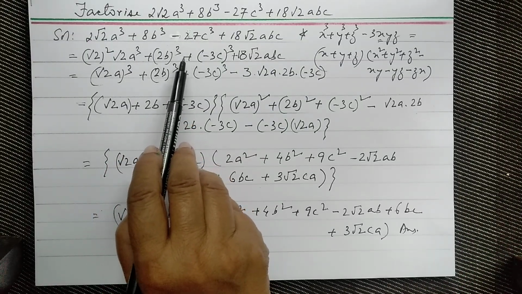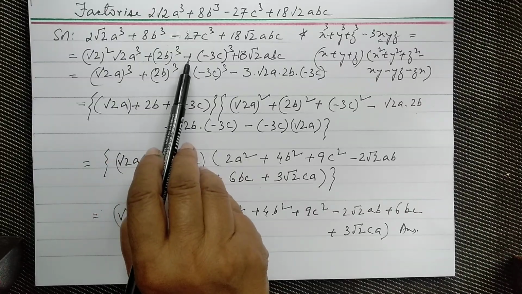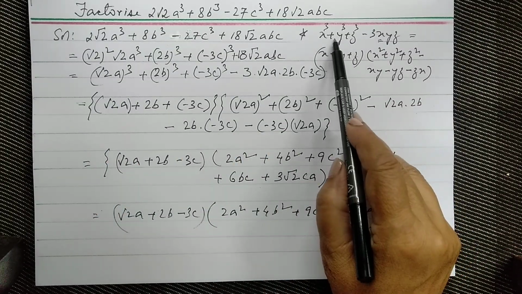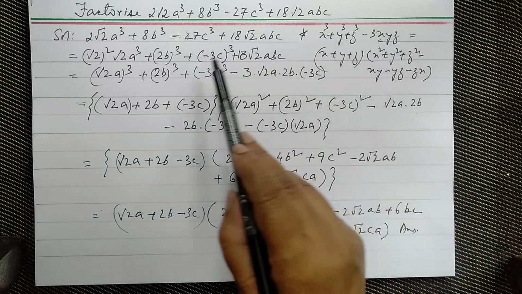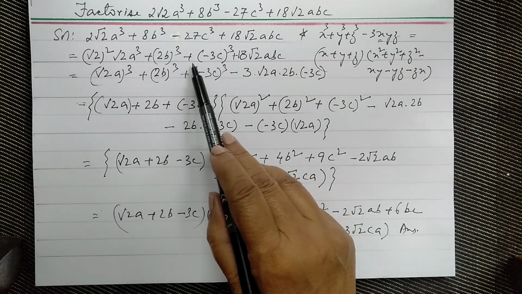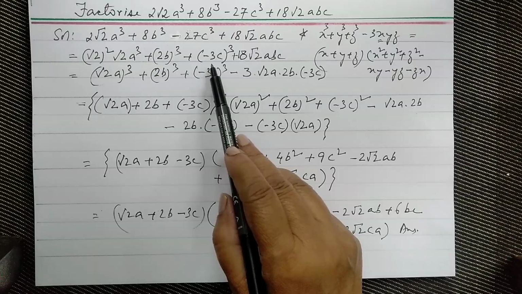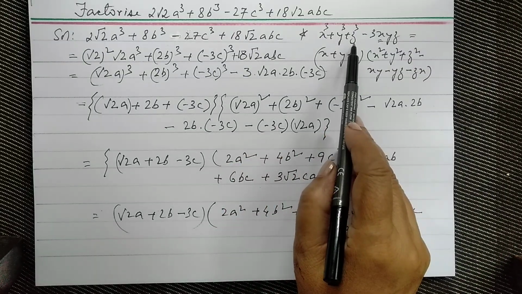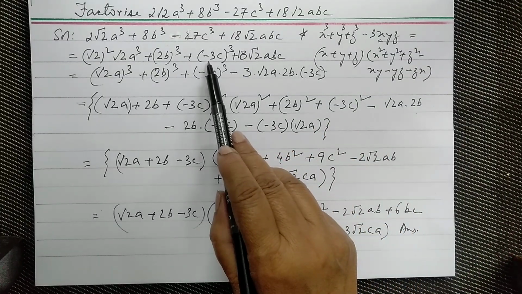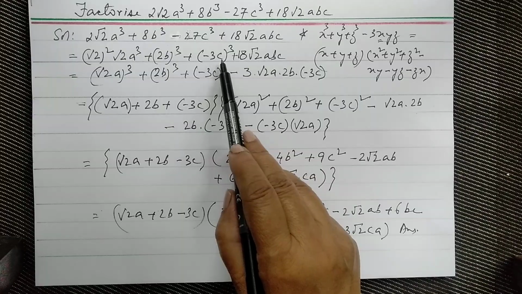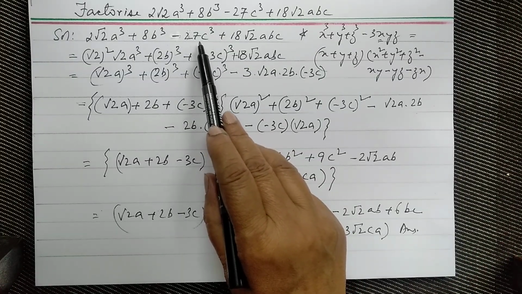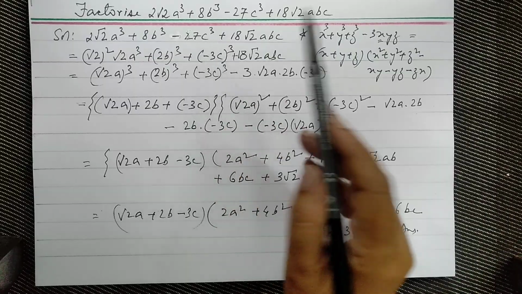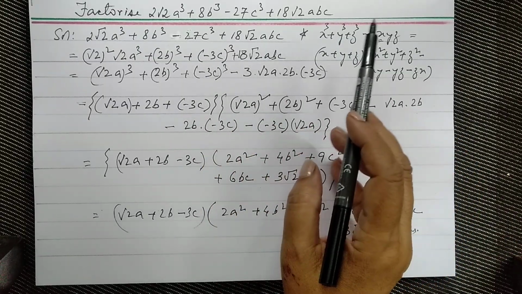Since we had to adhere or try to stick to the sign that is given in the identity, plus plus, so we kept a plus sign deliberately outside and configured what our z should be. Our z should be minus 3c into minus 3c into minus 3c, which would give me minus 27c cube.